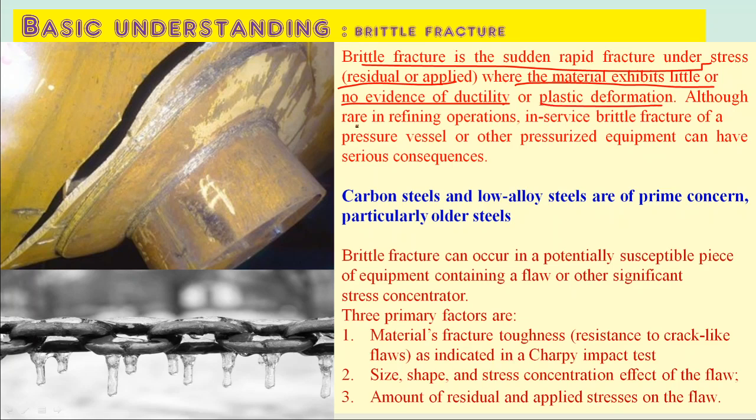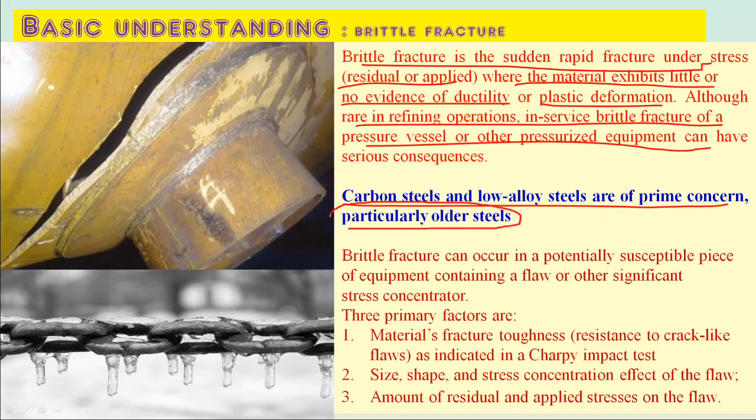Although rare in refinery operation, in-service brittle fracture of a pressure vessel or other pressure equipment can have serious consequences. So the loss of toughness is a brittle fracture. Most susceptible metals are carbon steel and low alloy steel, which are of prime concern, particularly the older steels.